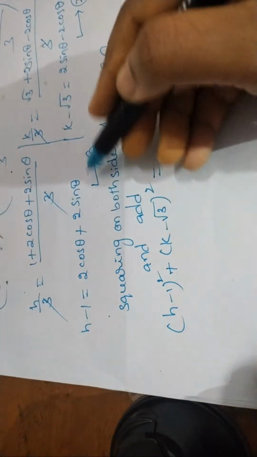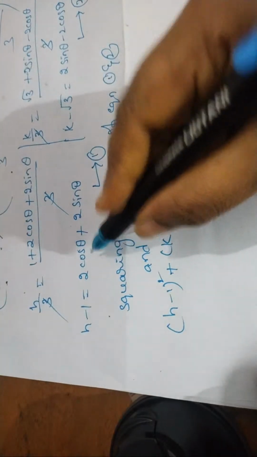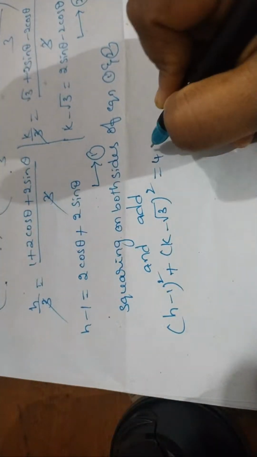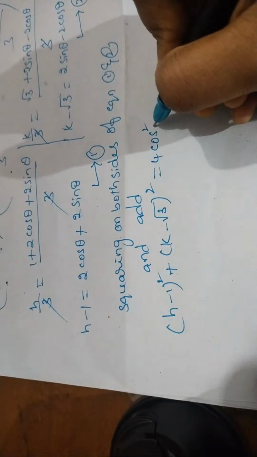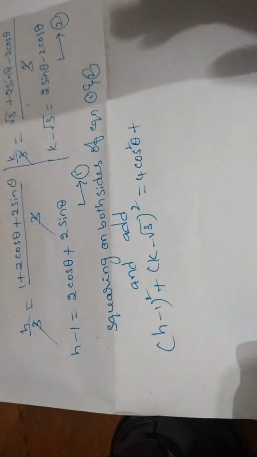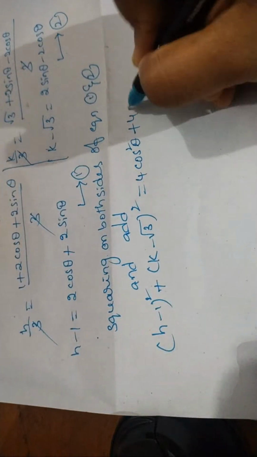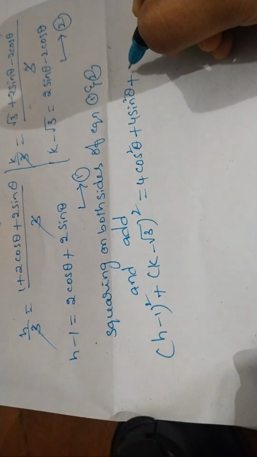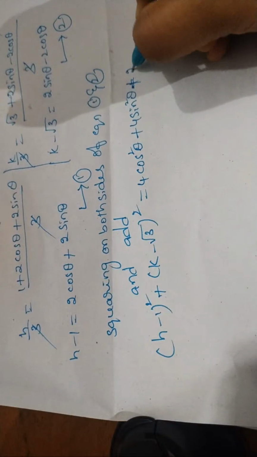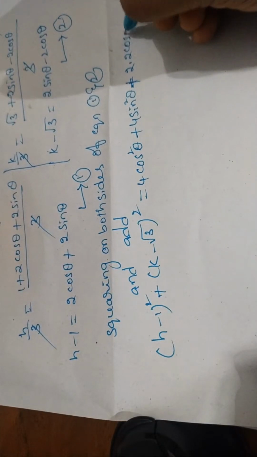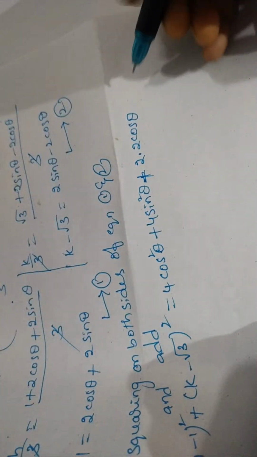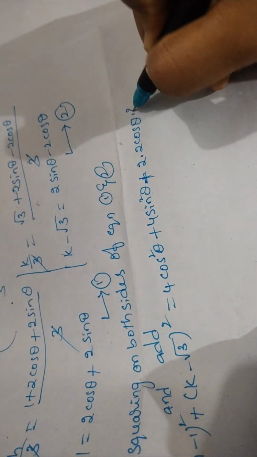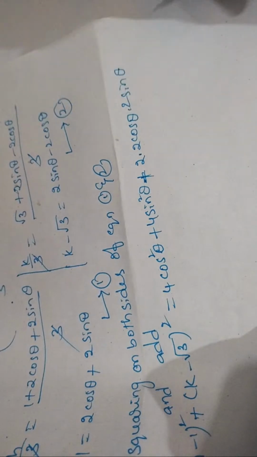Squaring is (a plus b) whole square. a square is 2 square, that is 4 cos square theta, plus b square, that is 2 square, 4 sin square theta, plus 2ab. 2ab is 2 into a, which is 2 cos theta, into b, which is 2 sin theta.